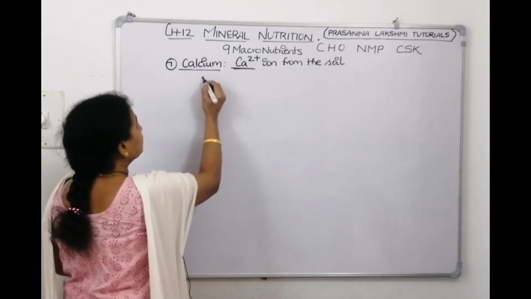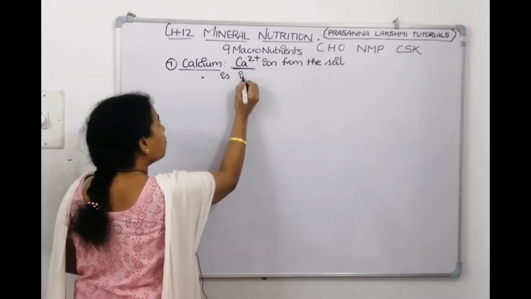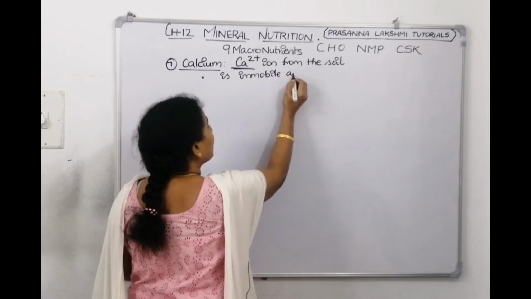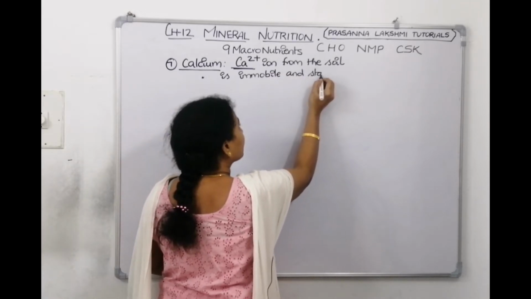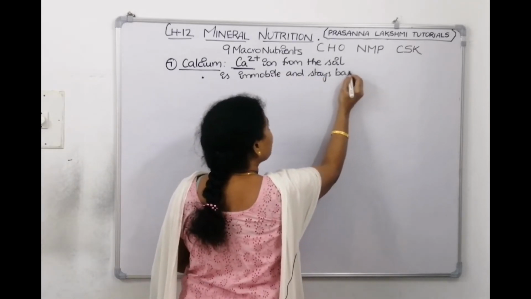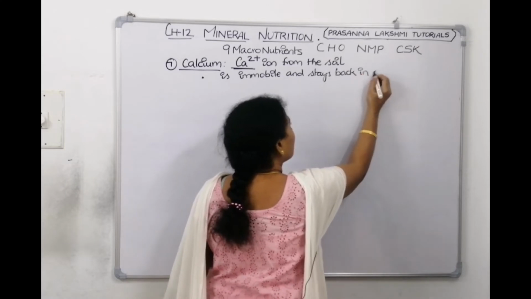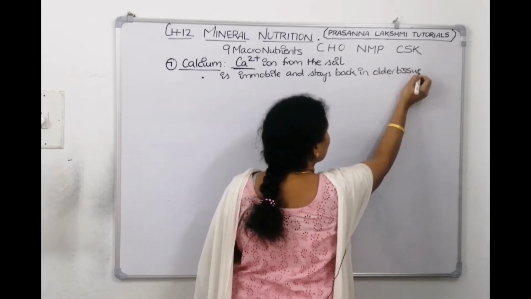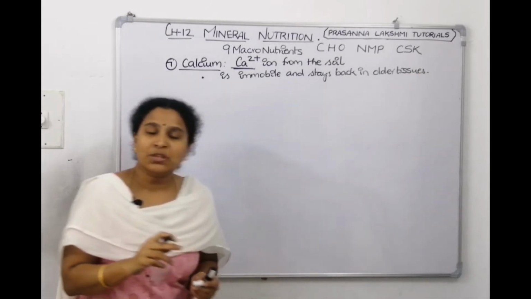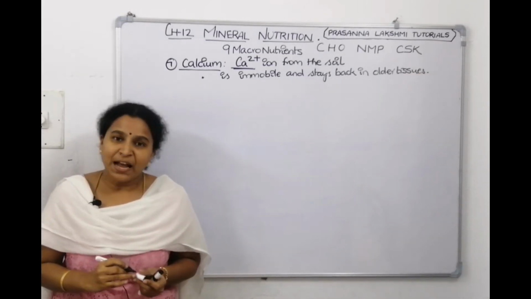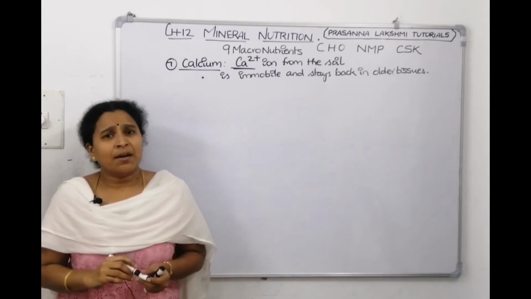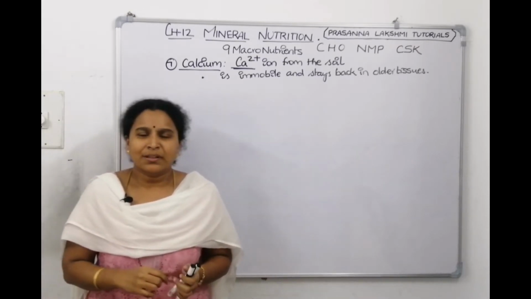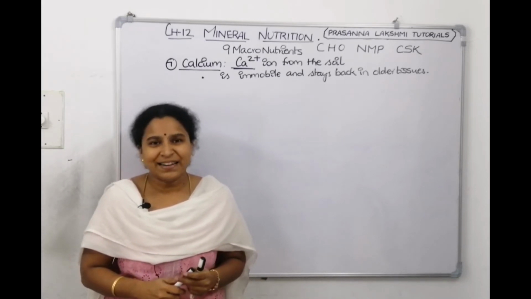So calcium is immobile and stays back in older tissues, in older senescent tissues. It cannot move to the other parts, right children? Now calcium is very much present in the soil, so if it is there in the soil, the plant can take calcium.